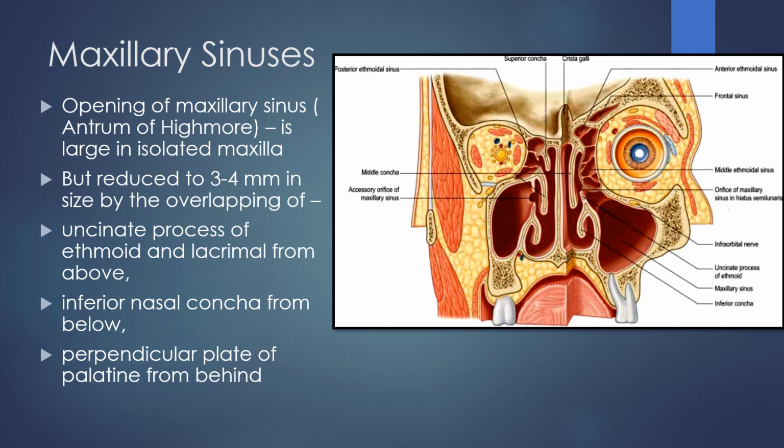From below is the inferior nasal concha, and from behind is the perpendicular plate of palatine. Also, because of the mucosa, the antrum becomes very small, about 3 to 4 millimeters in diameter.